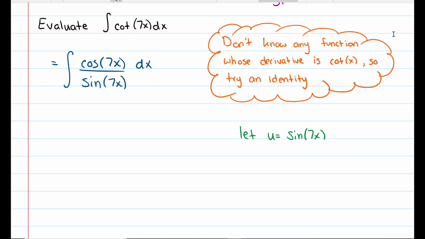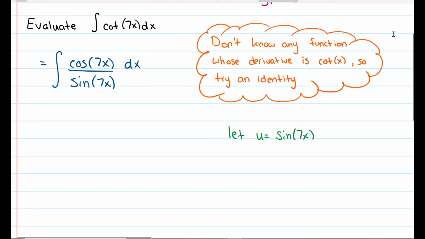The reason I don't choose cosine is because if I chose cosine, the derivative is sine, or negative sine, and I only have 1 over sine, not sine in the numerator. So we let u equal sine of 7x, we get du is then equal to cosine of 7x times 7 dx. This piece comes from the chain rule.